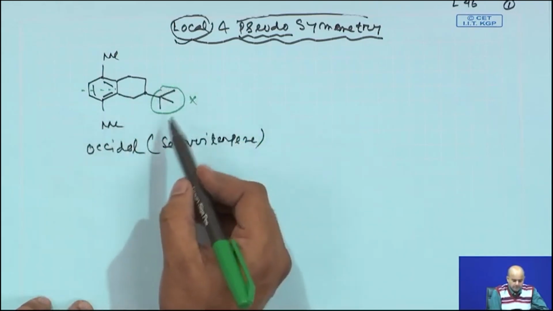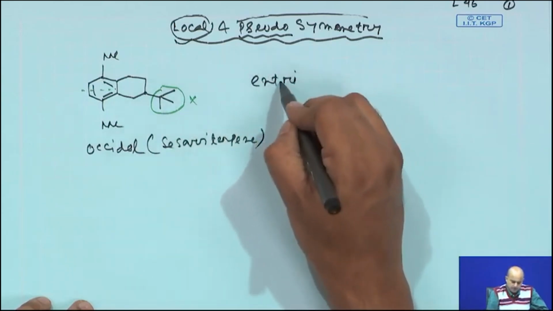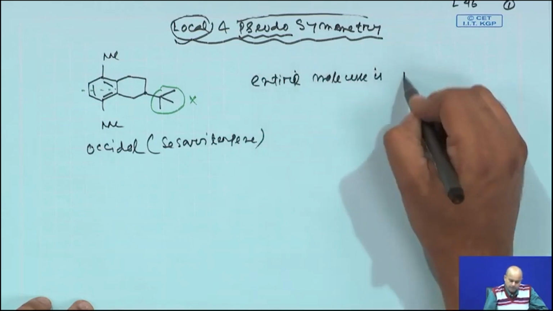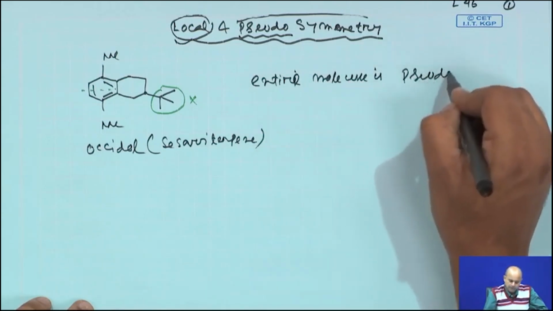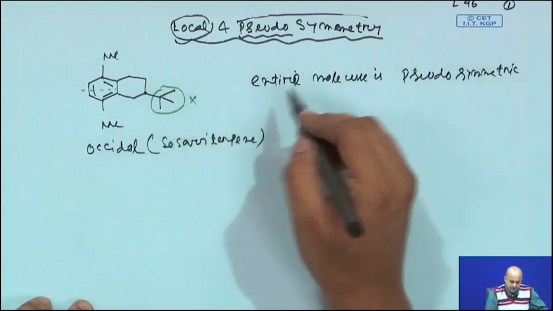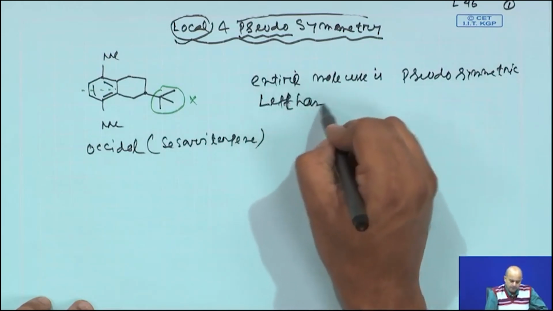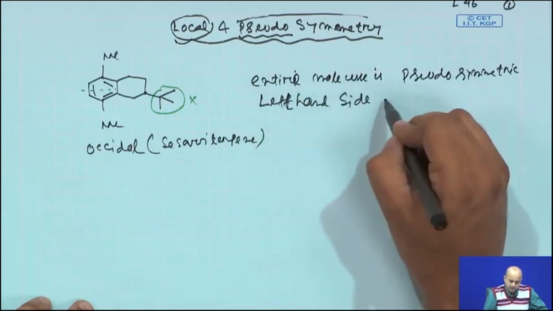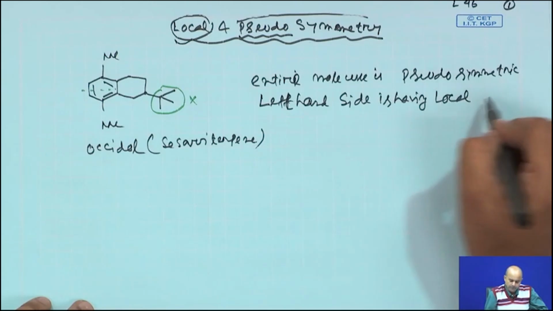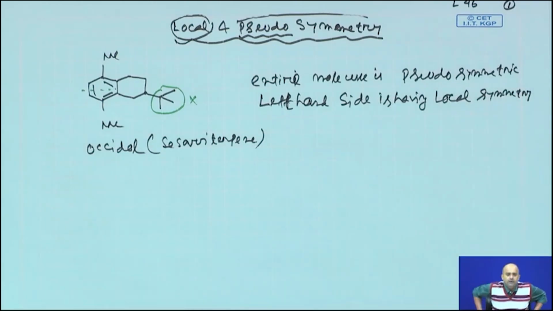So the entire molecule is pseudo symmetrical, and the aromatic part, the left hand side of the molecule, has local symmetry. So this way you can see the structural features of a given molecule.